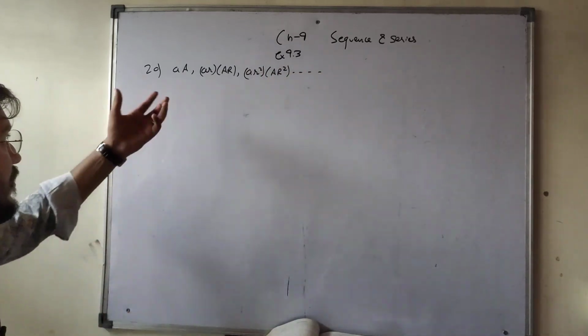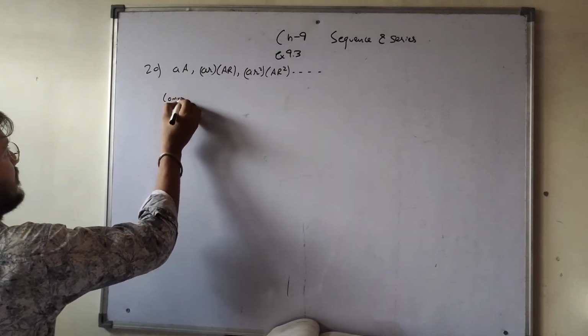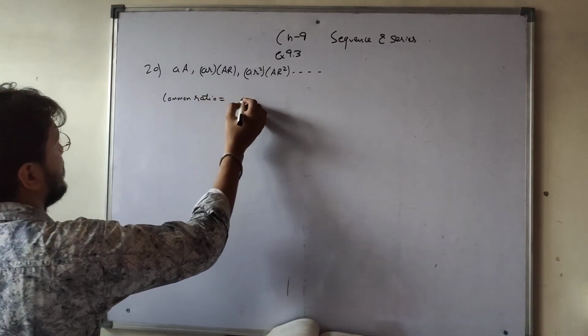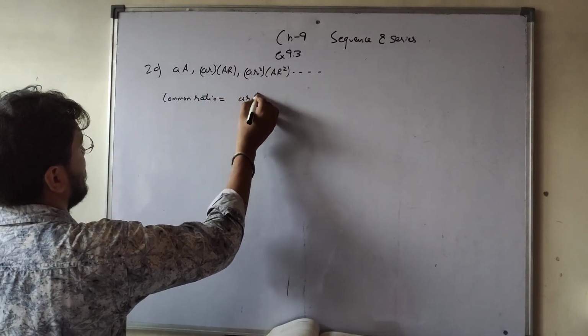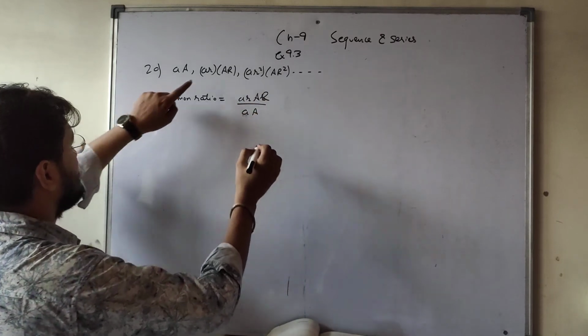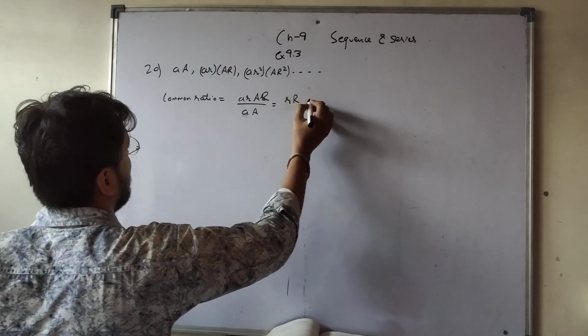So if it forms a GP, common ratio should be equal. So common ratio is equal to ar divided by a a, second term divided by first term, it will be r.